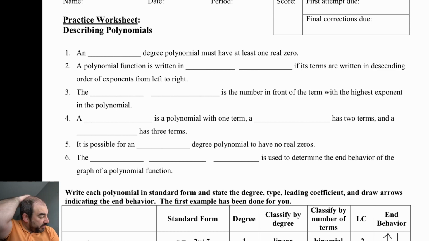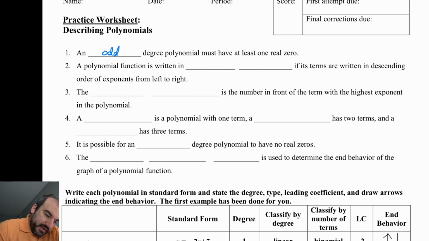If you want to print this out or pull it up, you can do it once I send you into your groups. But make note that the first fill in the blank, which we covered as far as the number of turning points that a graph has: an odd degree polynomial will have at least one real zero.